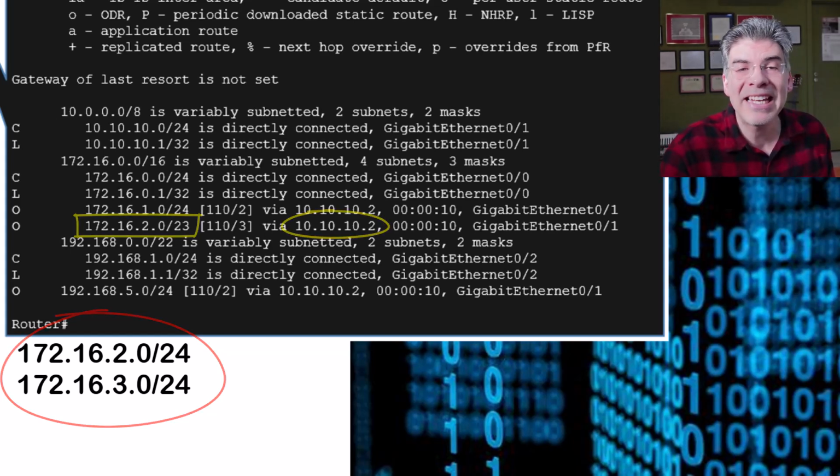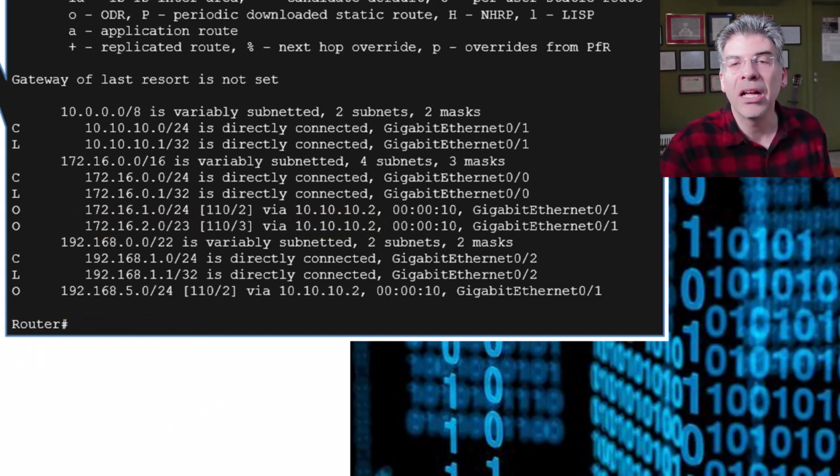Now, CIDR makes this aggregation possible, which results in much more efficiently created routing tables. When you have hundreds or even thousands of routes, aggregation can drastically reduce the routing table size and thus increase efficiency. Now, one last thing to mention here is that some of these routes are learned via routing protocols, such as OSPF.